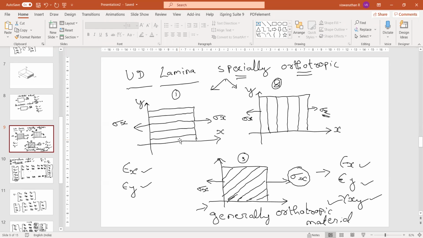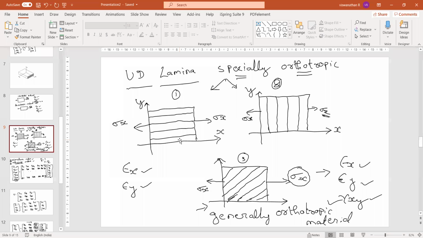I'll probably show it in the next class with an image or a video of how it happens. What I mean to say is, if you pull a material in one direction, it gets deformed in some other direction as well. There will be a shear strain effect, so it gets sheared.